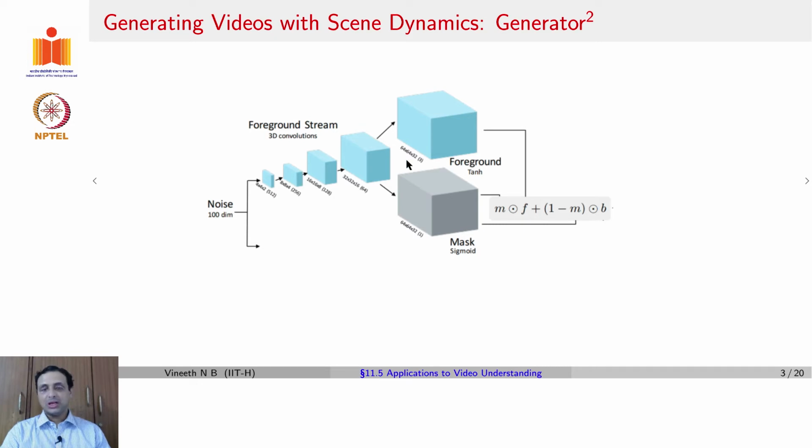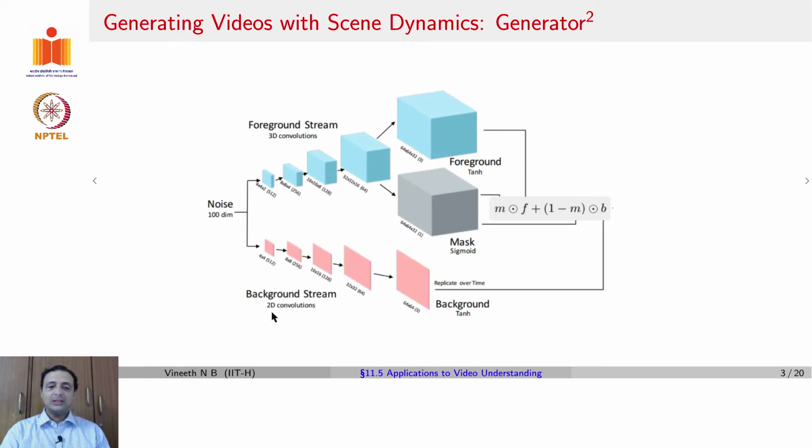This volume generator, this foreground stream, forks into two parts at the end, where one part generates the video foreground and the other part generates a mask for every pixel in every frame of that video. So the mask also has the same volume, same dimensions as the foreground, and the input noise also goes through another stream which generates a static background.